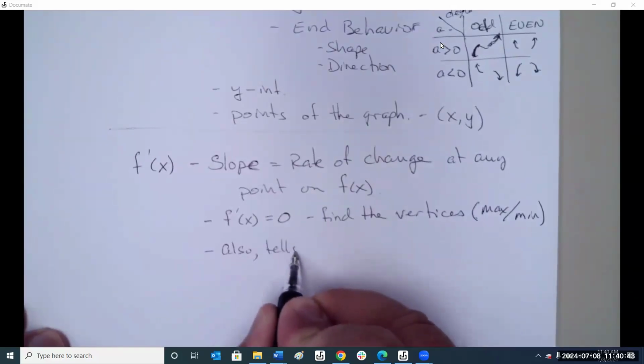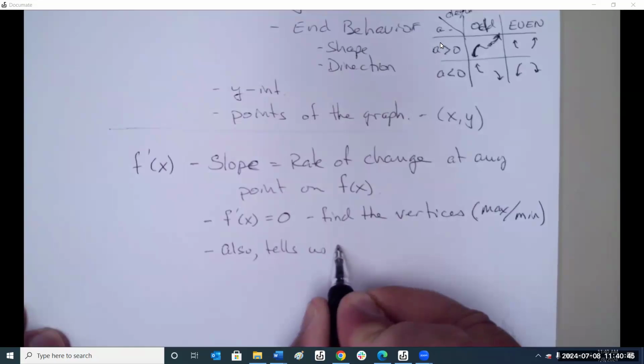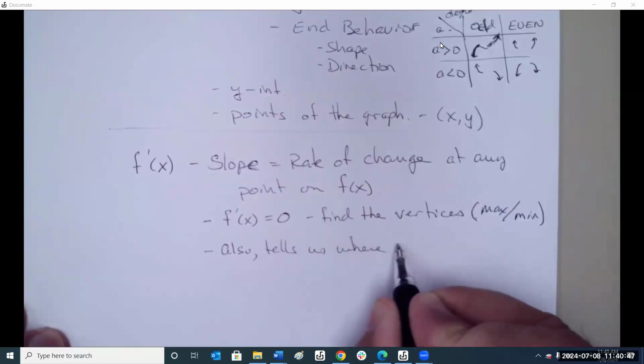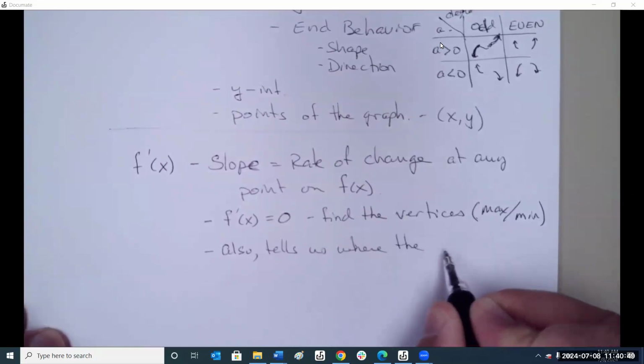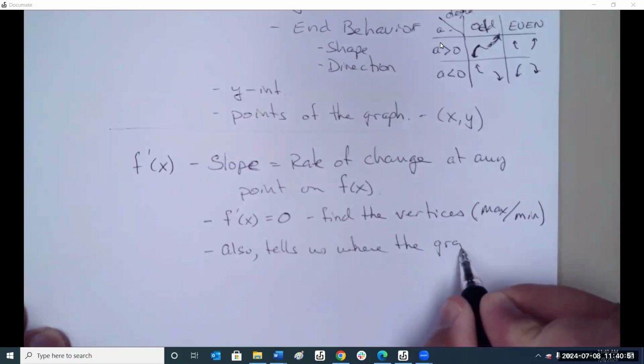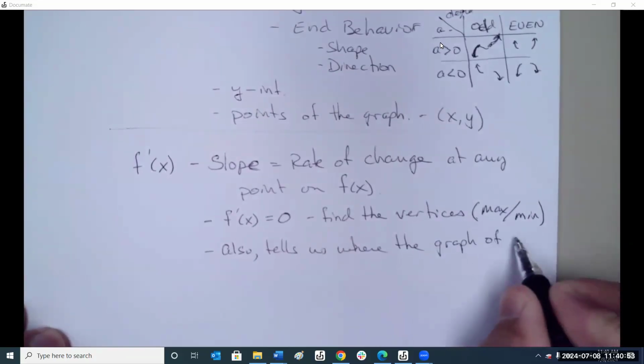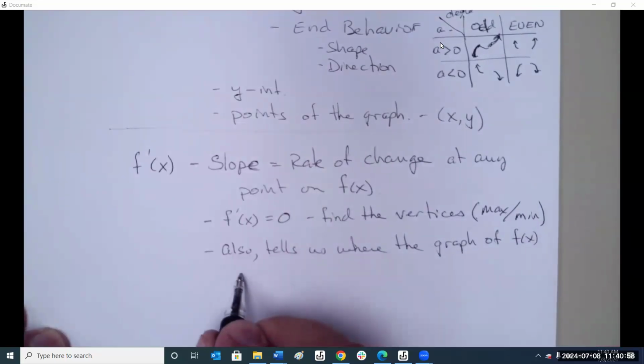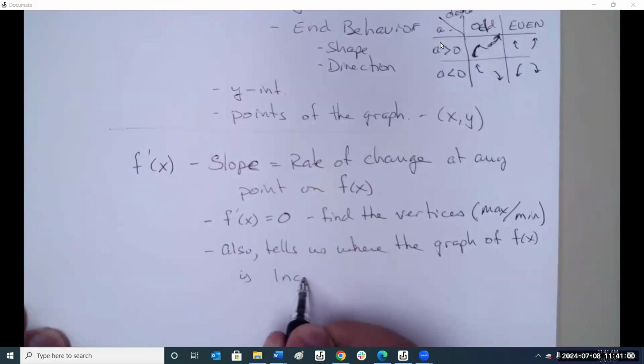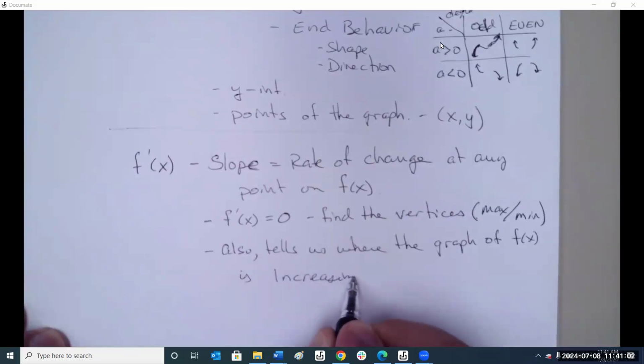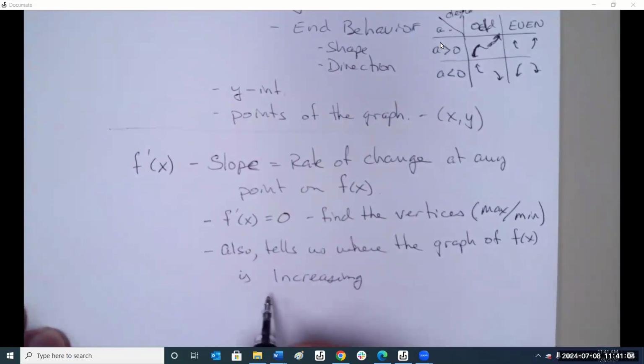It also tells us where the graph of the function is increasing and decreasing.